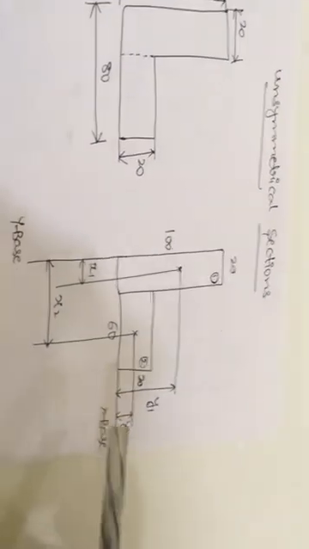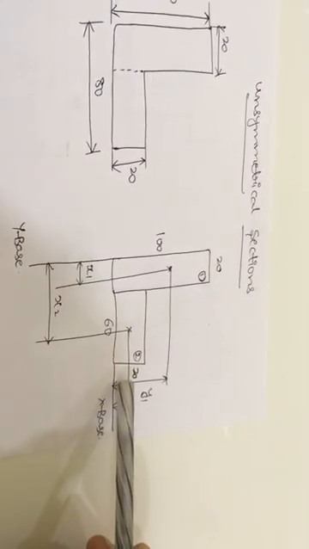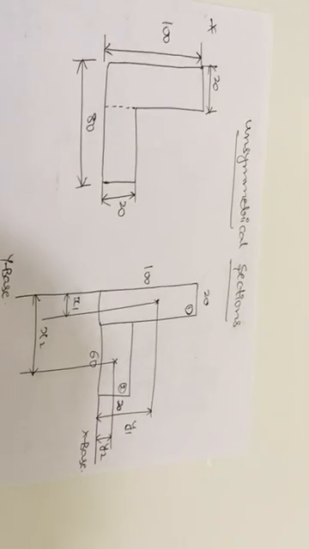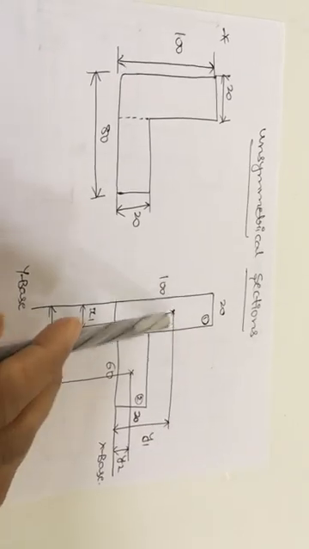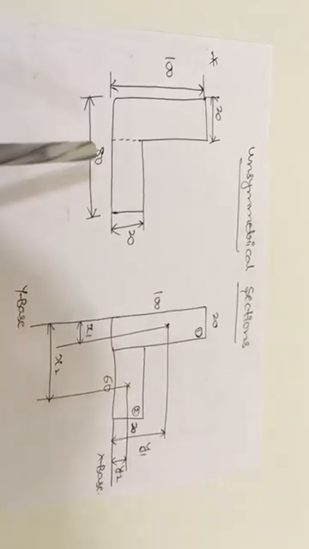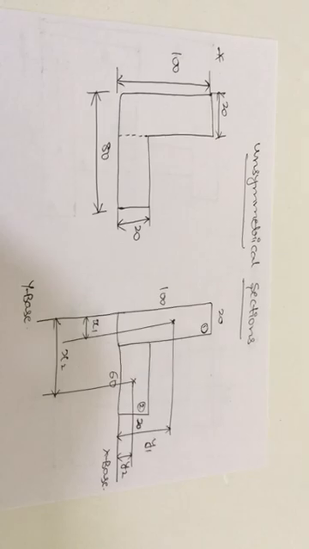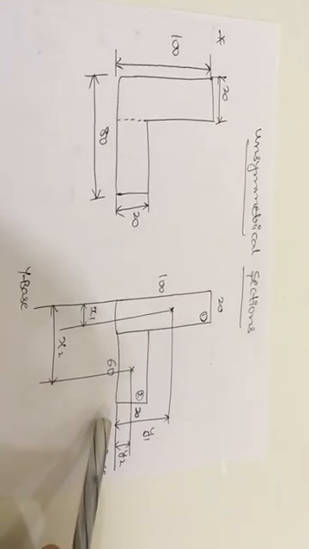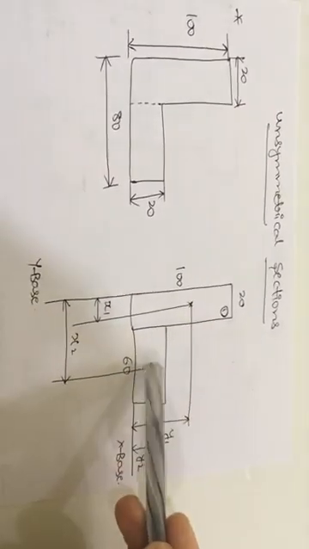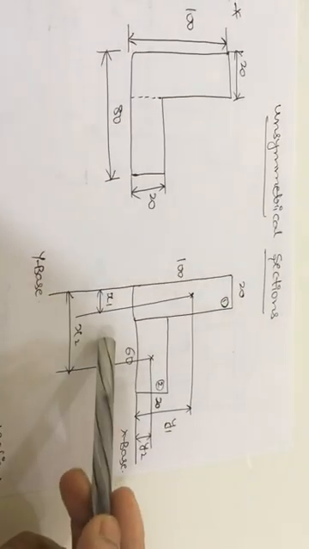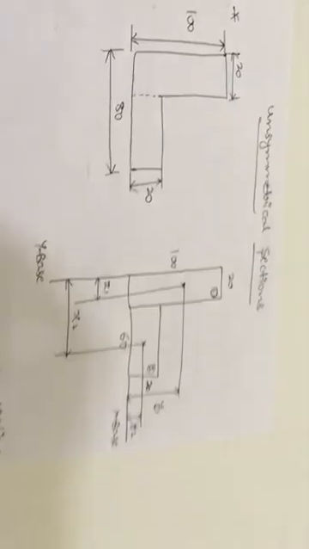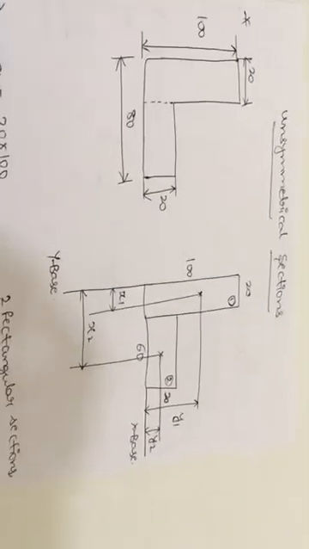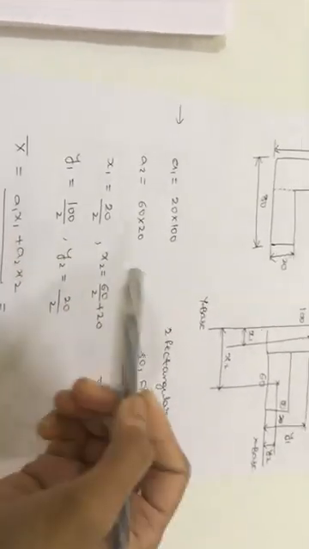Once again, if you draw these diagrams based on the original diagram, it will be easy for you to locate these points and distances. You can do the procedure from the main diagram also, but if you draw this diagram and locate all the individual section dimensions and the individual x bar, x1, y1, y2 values in that particular diagram, it will be easy to calculate all these things.